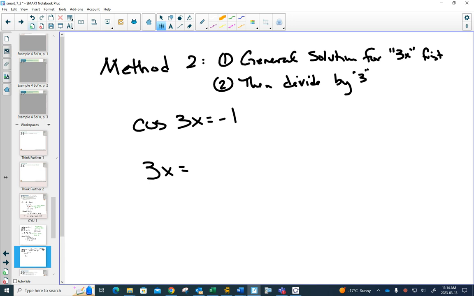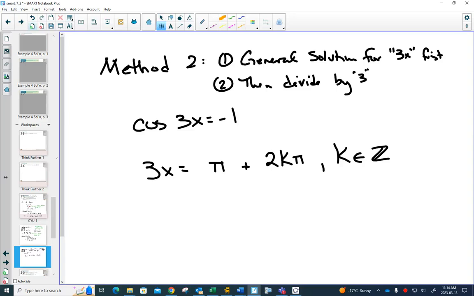Only once at pi. Right? Plus 2k pi, where k is an integer. Would you agree? That's the only place that cos is equal to -1 is at pi all the way through.